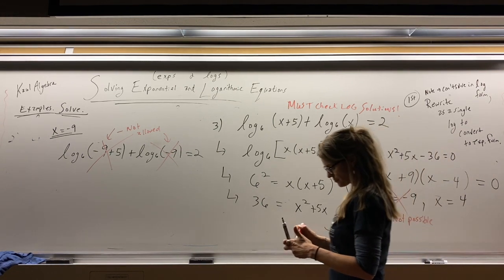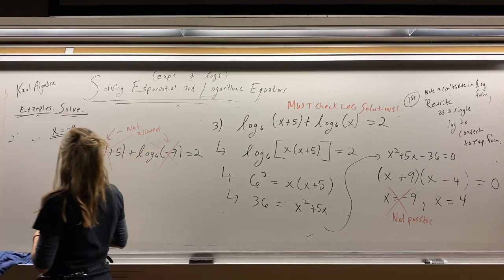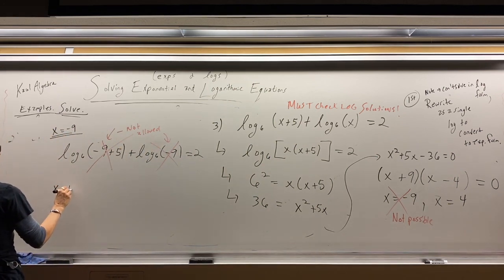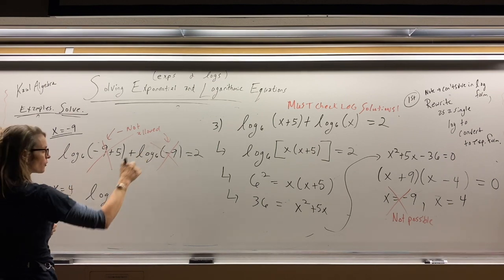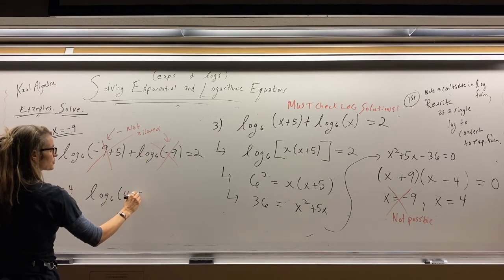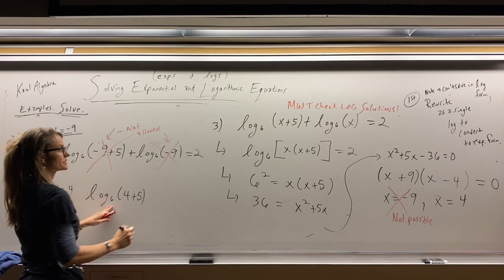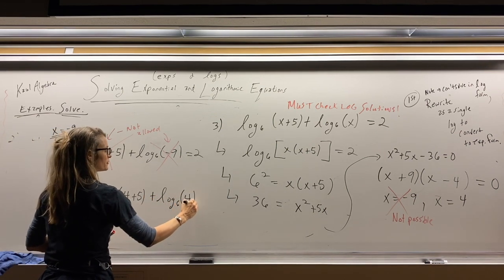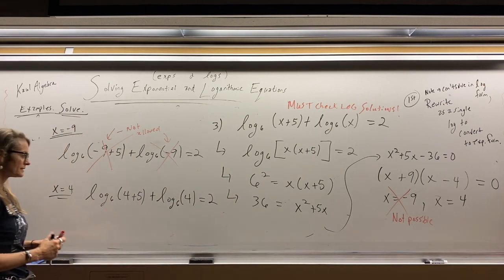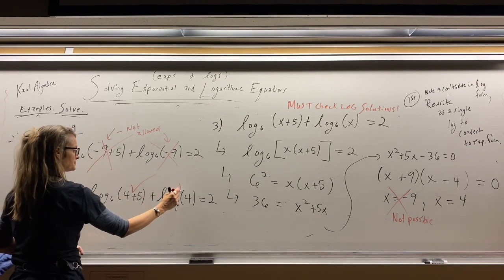But the x equals 4, let's see what it does. If I substitute 4 in place of every x, I end up with 4 plus 5 for this log base 6 plus 4 for this one, and these are perfectly fine.